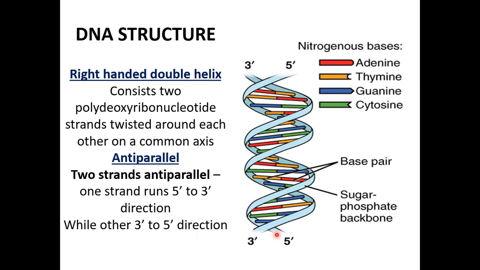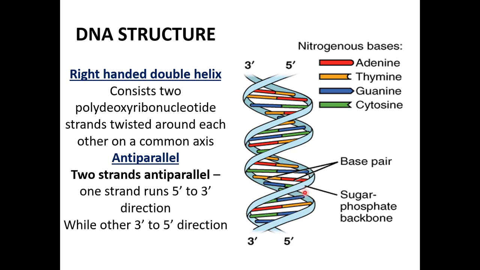This is the DNA structure. This double helical structure of DNA was proposed by Watson and Crick. The elucidation of the DNA structure is considered a milestone in the era of modern biology.